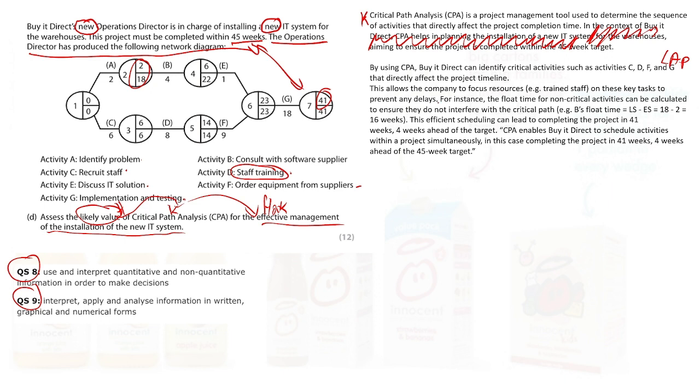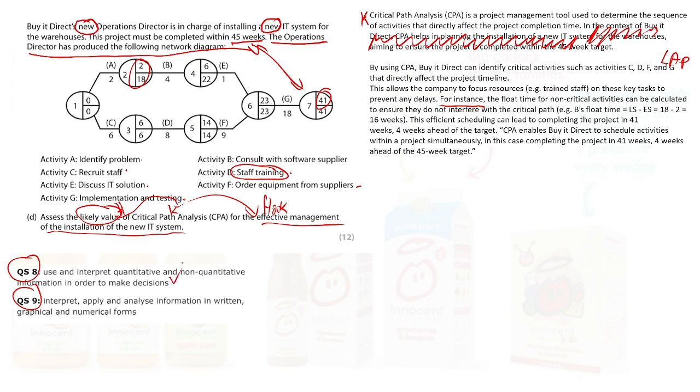For instance, I do like phrases like this because it forces me as the student to make sure I'm using the case study. The float time for non-critical activities can be calculated to ensure they do not interfere with the critical path, e.g. B's float time. Here's a calculation, 16 weeks. Quantitative skills, done. Look at that.